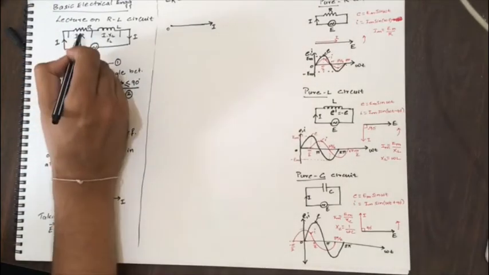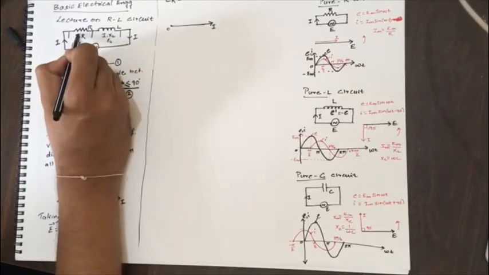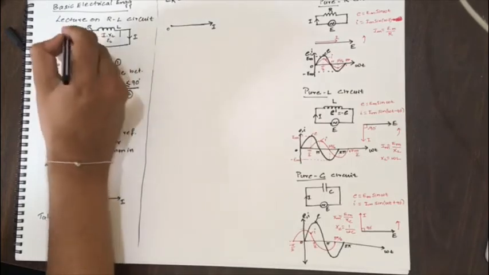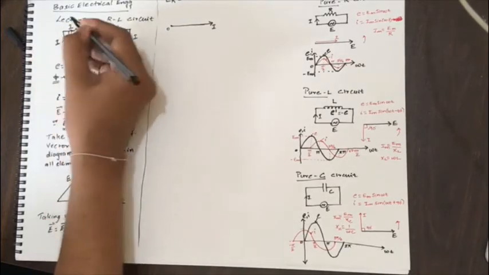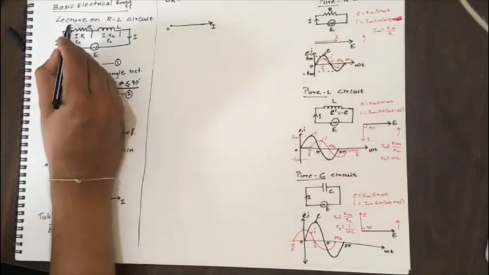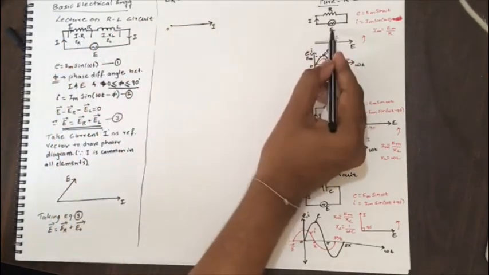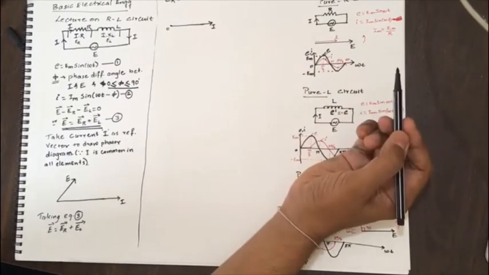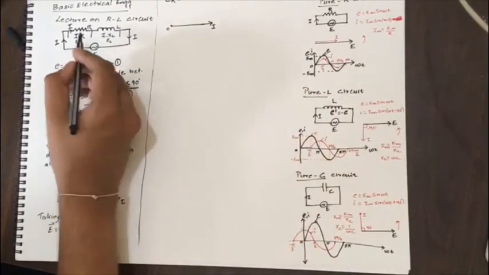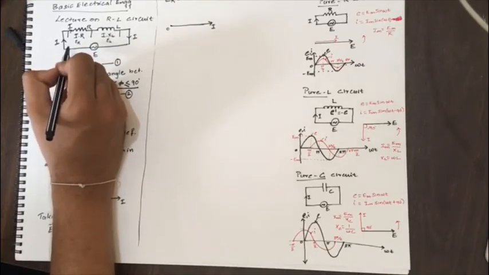Considering the element R, the voltage across R is I into R, that is the voltage drop, and the current through this R is I. From the pure circuit analysis, we have seen that the current in pure resistance and the voltage across pure resistance will always be in phase. Therefore, we can directly conclude that the current I and the voltage ER will be in phase.